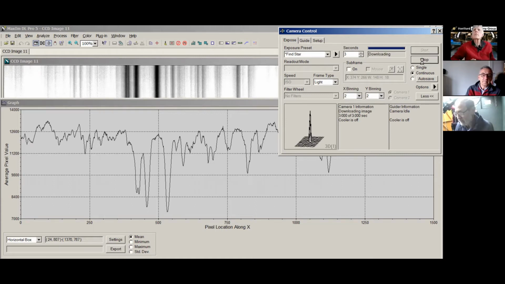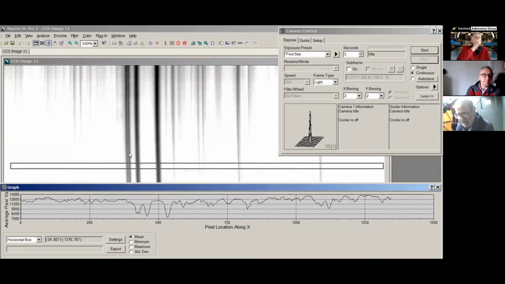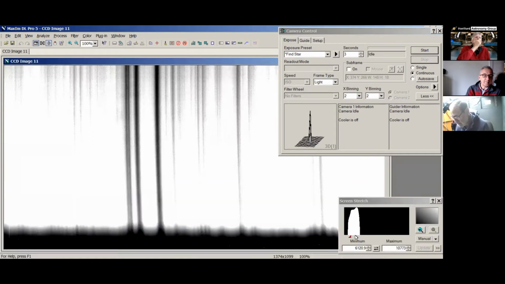stop the exposure a second and have another look at this emission feature here, or what appears to be an emission feature.